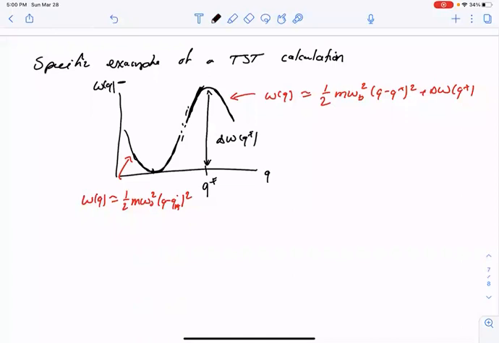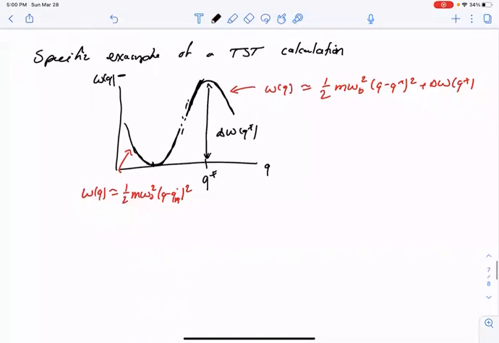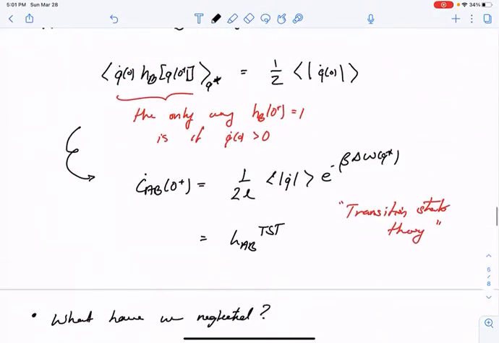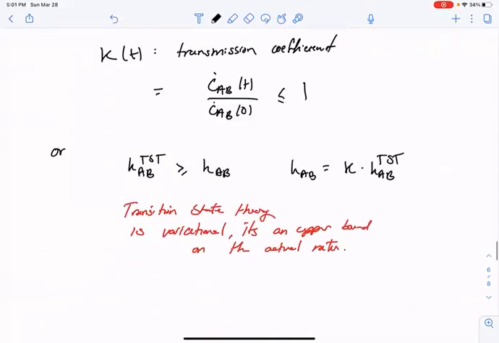So in such a case, what would transition state theory give as the rate? Well, to compute transition state theory, we need to know a couple integrals. We need to compute the average flux. We need to compute this L, which is an integral over basin A, and we need to know that offset.